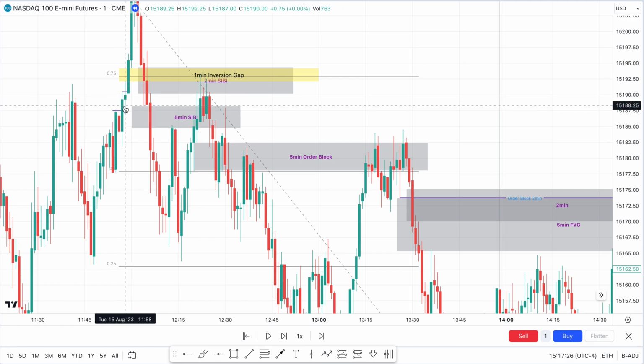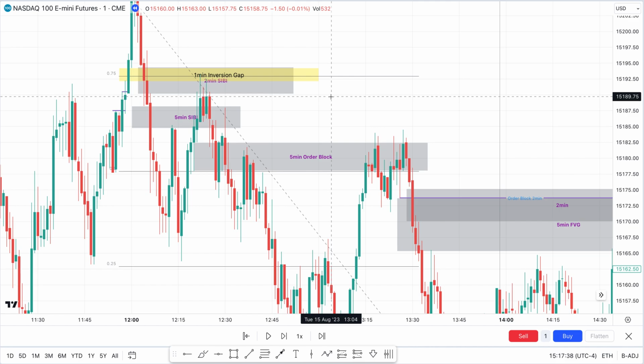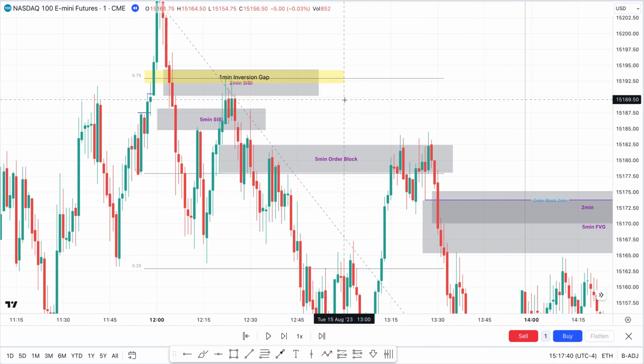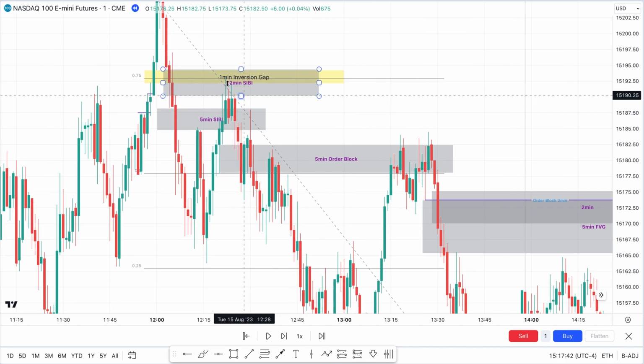I'll show you this. The high comes in at 15,190.5 and this low comes in at 15,190.25. So it's just a touch over, just allowing entries in. And then when it gets to this area again, just bounces off.